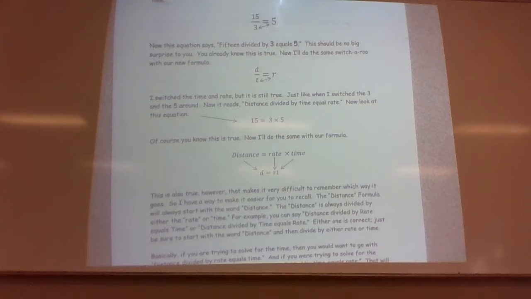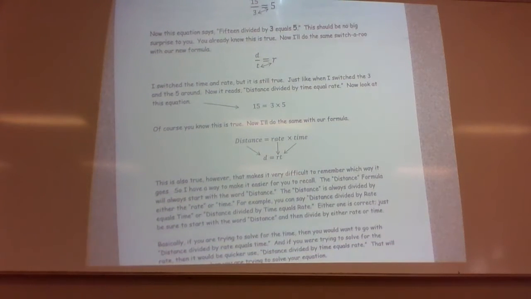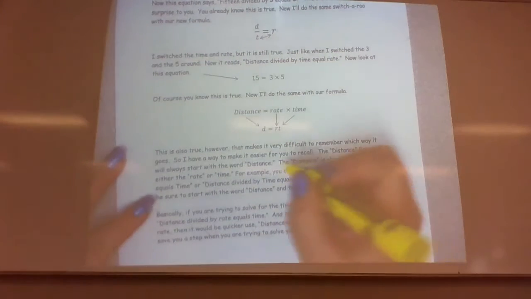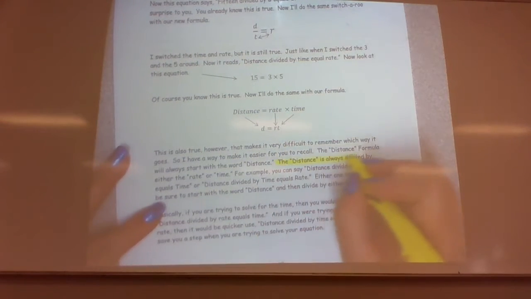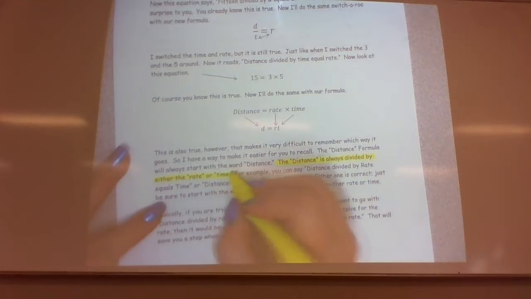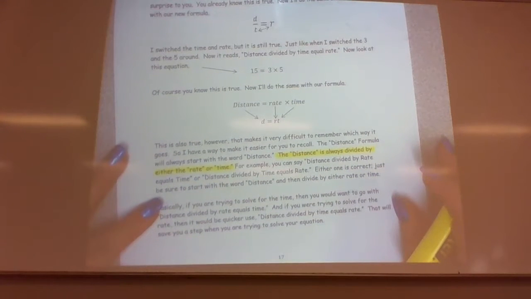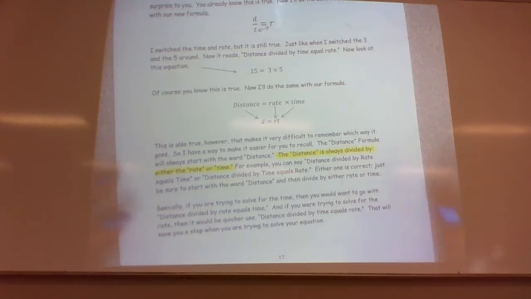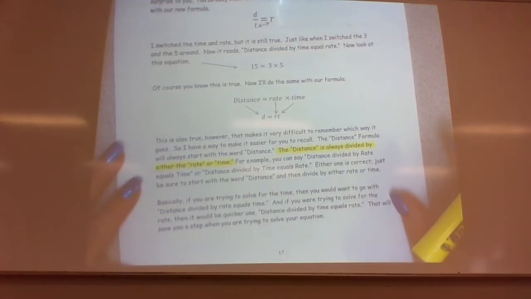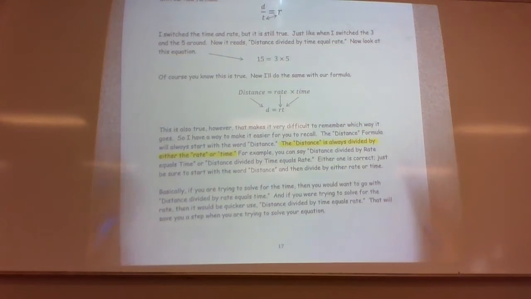So we have the word distance, and it is always divided by either the rate or the time. Okay? So you can say, as we know, interchangeable, inverse operations, distance divided by rate equals time, or distance divided by time equals rate. Either one is correct. We just have to be sure to start with the word distance and then divide by either rate or time. Okay?